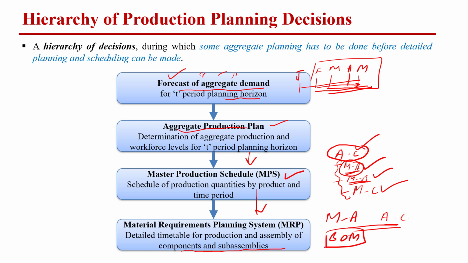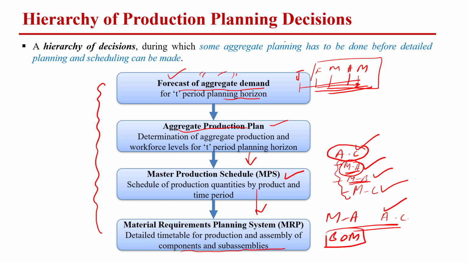So if I know how many model A air conditioners I have to produce, then based on the bill of material, I can already get the values: how many compressors, how many screws we need to produce model A. These are the hierarchical decisions which we make in hierarchical production planning.